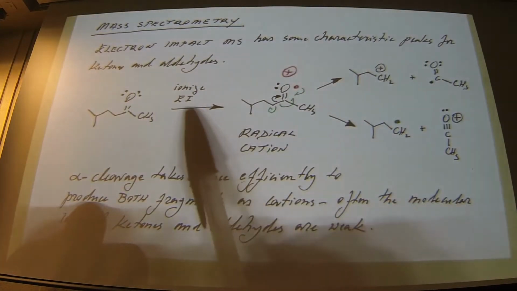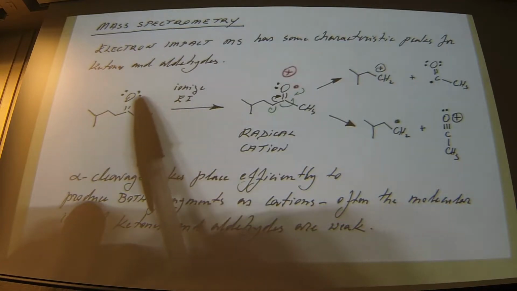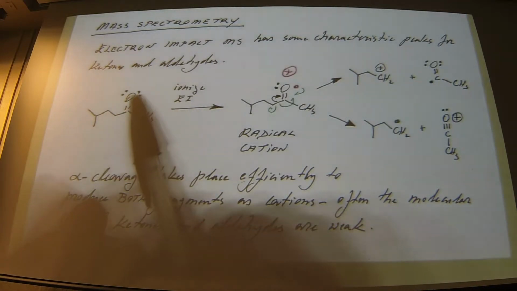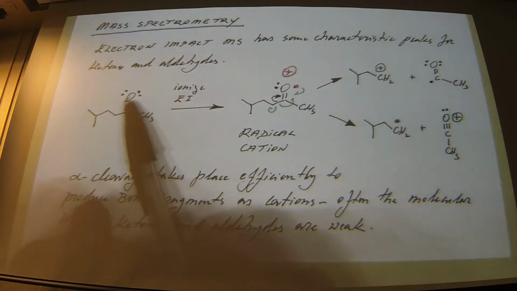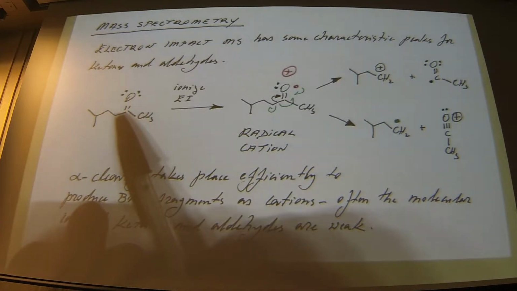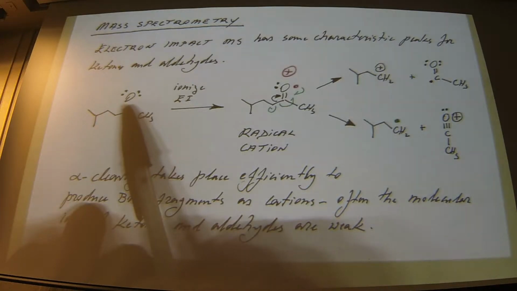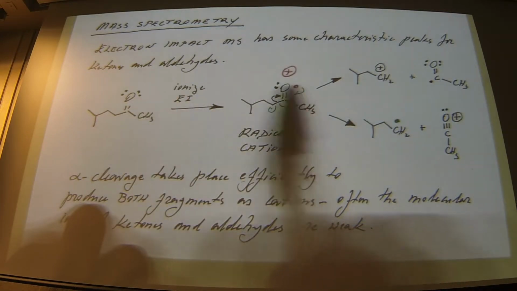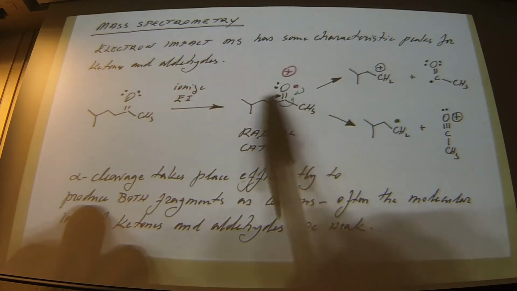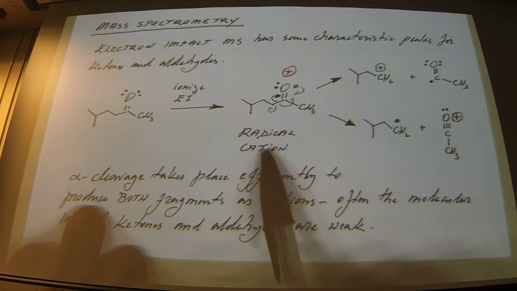Remember that when you ionize this, the electron that's being ripped away from the molecule is the one that's easiest to rip away, which is one of the non-bonding electrons. And so as this enters the electron beam, there's only one electron here, so I'm missing an electron. This is the molecular ion. This is a radical cation.